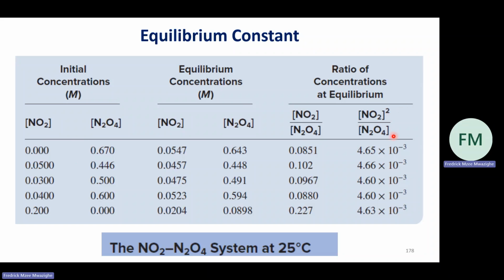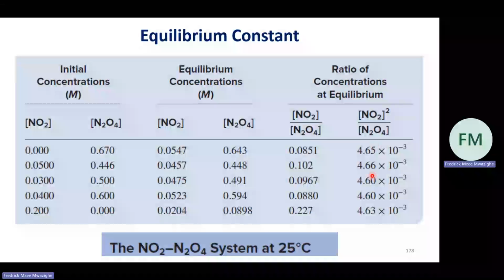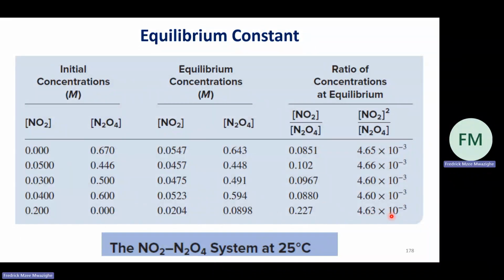But if you find the ratio of NO2 squared over N2O4, you get a value that is almost constant. It's not exactly constant, there's a very minimal change, but essentially whatever you are getting is a constant.